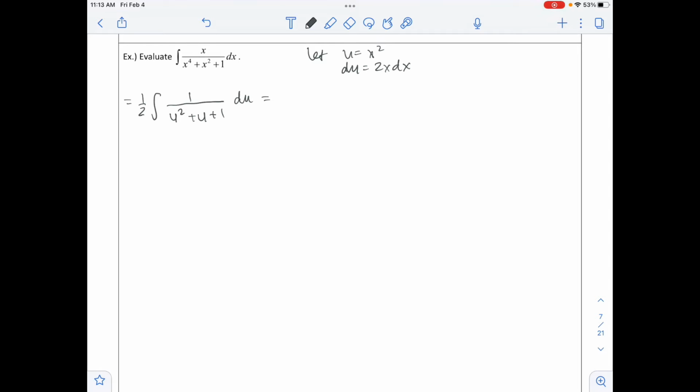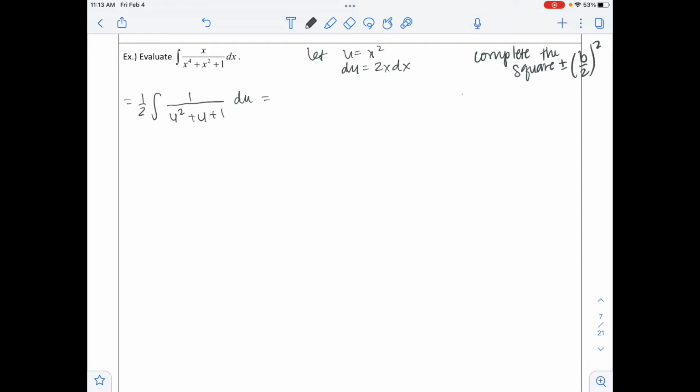From here, I'm still not able to factor it. That would be nice if I could. And so I'm going to go ahead and try to complete the square. So completing the square, and I'll go ahead and do that over here on this side, I need to add and subtract something. So to complete the square, we're going to add and subtract b over 2 squared.